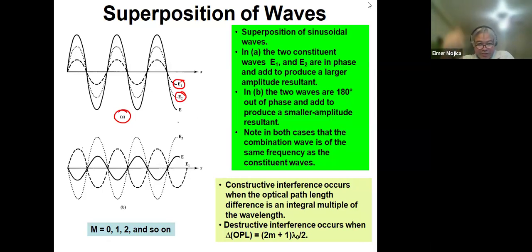So they have the same wave here. So what will happen? They're just going to produce a much higher wave. It's just like addition. So if you combine the waves, if they are at the same frequency, you're just going to have a much higher wave. Now, how about what happens on the second one? You have the first wave that is here, and then you have the second wave that is here.